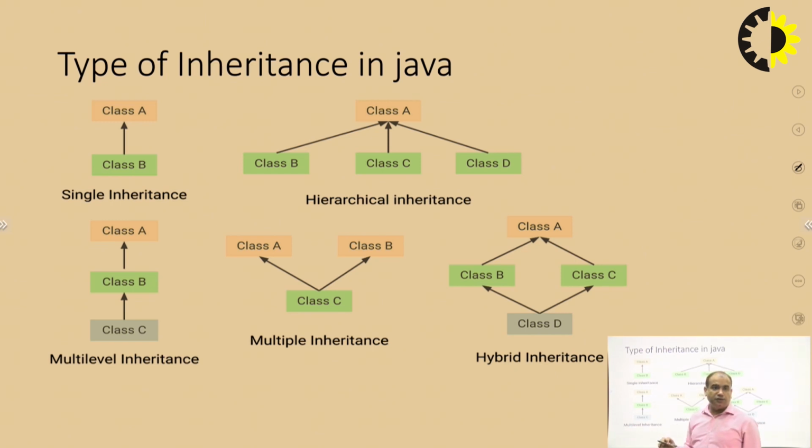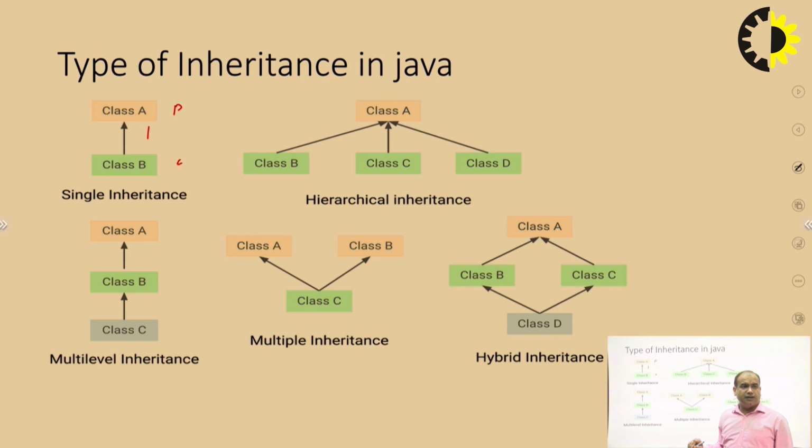Basically, it is UML diagram notation. If I don't write in UML notation, the arrow will be downward; there is no difference in the concept. So here that is my parent class, that is my child class.